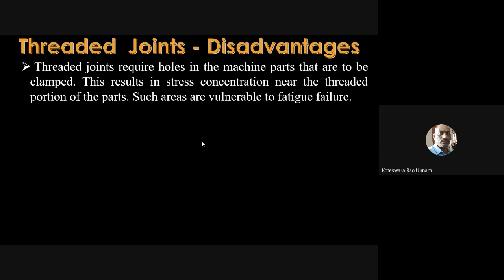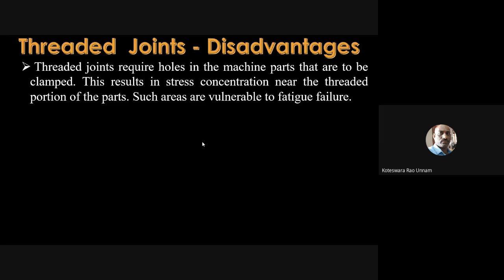We know that whenever there is a change in the geometric cross section, stress concentration will be induced. So because of holes there is a stress concentration, and in addition, because of the threaded portion there is a stress concentration there also. Combining these two, threaded joints are more vulnerable to fatigue failure.